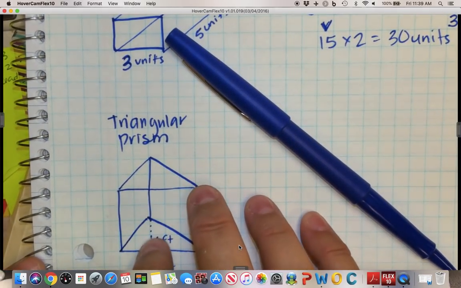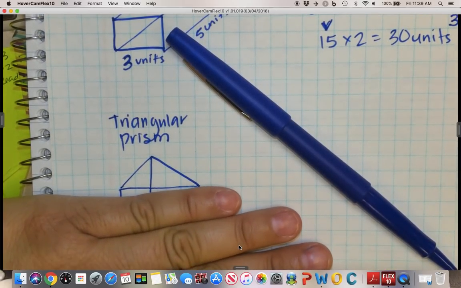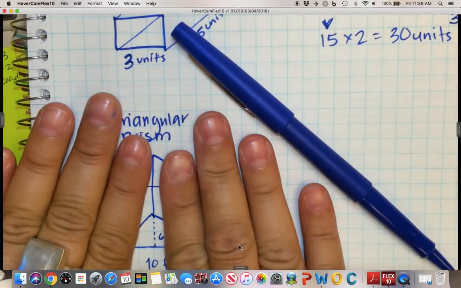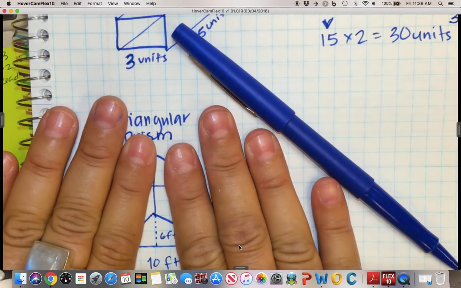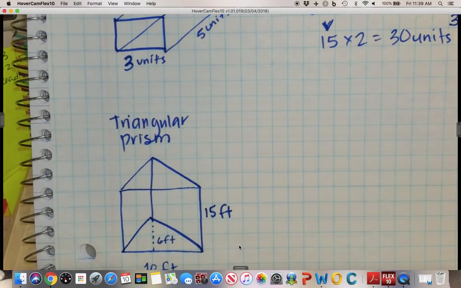So those are my 3 rectangular faces, and then I have 2 triangles, one here and one here. And the height that I labeled is the height of my triangle. So you've got 3D figures, you got to really look at them carefully.